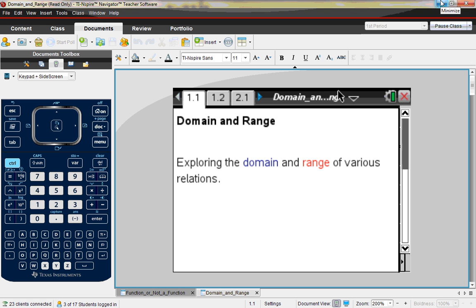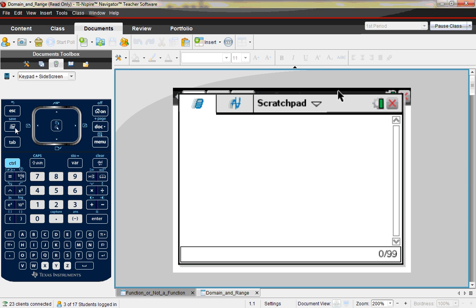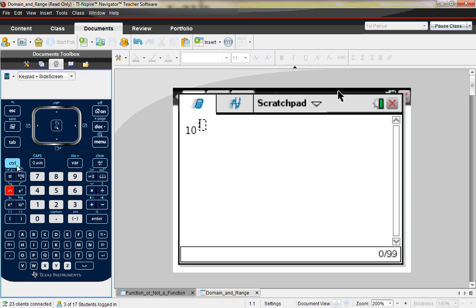That was 10 caret 11 divided by 4 plus 6. And do you see it gets to 568.341?